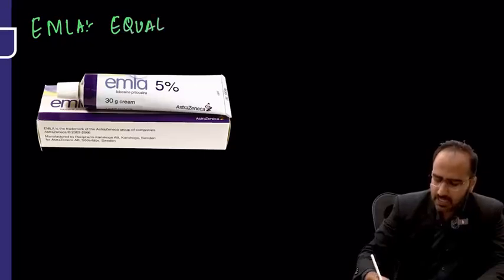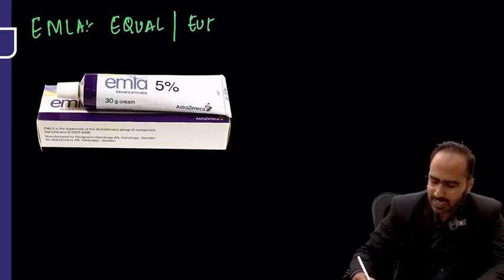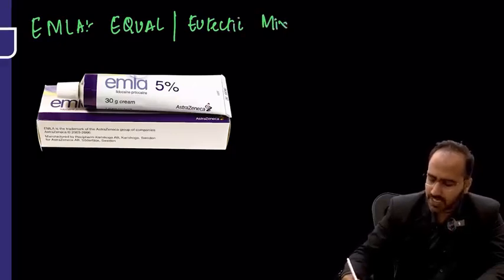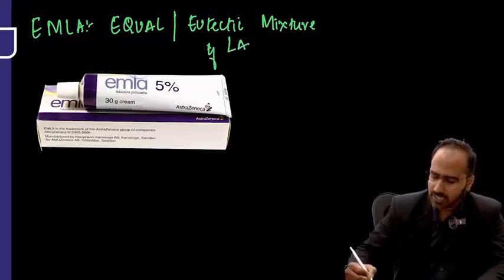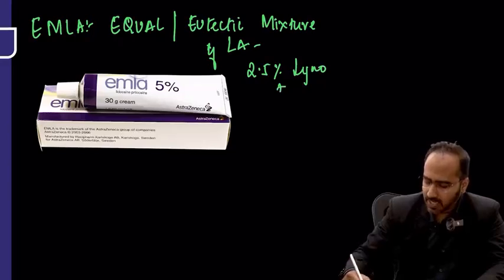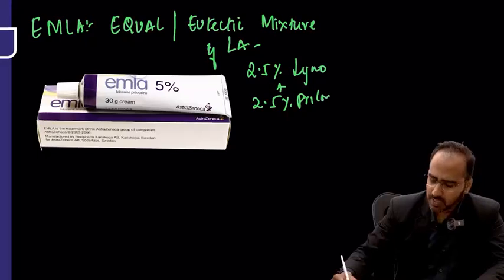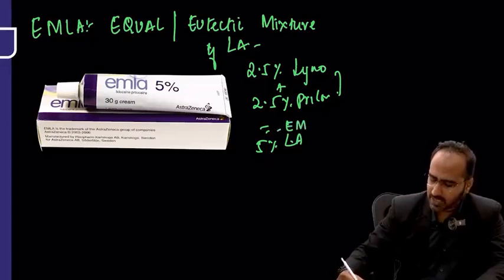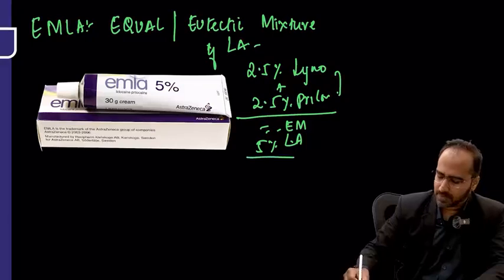EMLA is the eutectic mixture of local anesthetics. Eutectic means what? 2.5% lignocaine plus 2.5% prilocaine forms 5% EMLA. Okay.